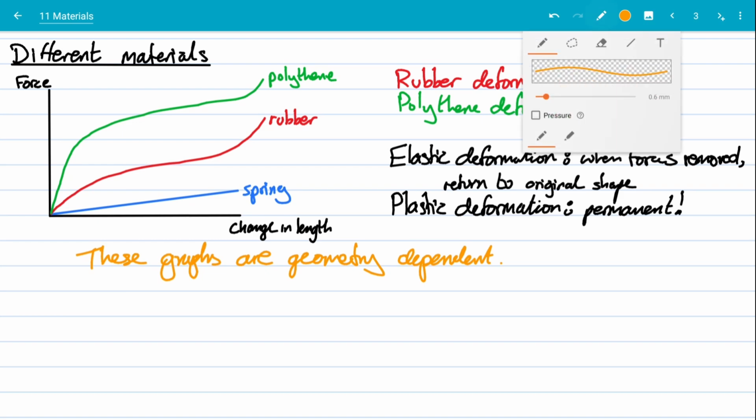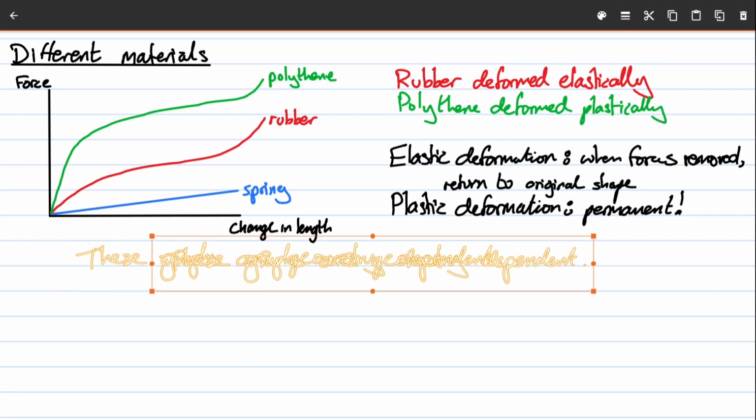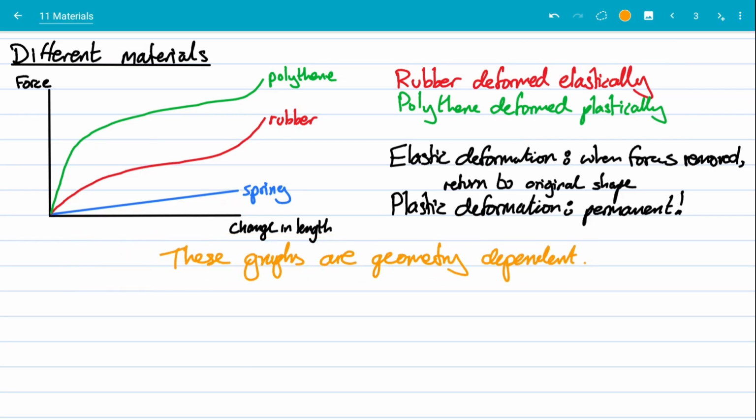When we talk about materials, we're talking about selecting the right material for the right application, and we don't want to have to look up the geometry of the material as well to make a judgment about which material to use. Imagine the catalogue for every single possible size and shape of steel just to know whether steel is the material you want to use.